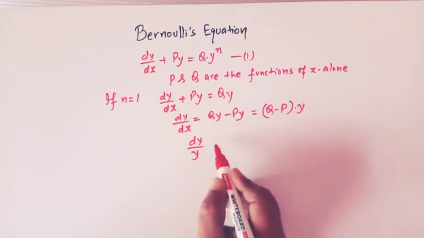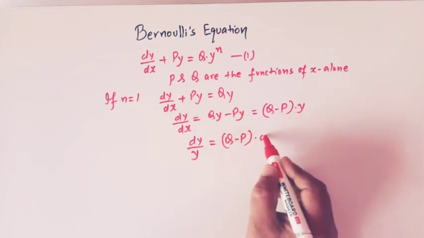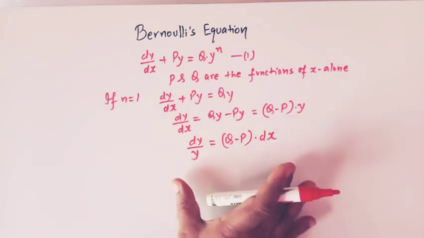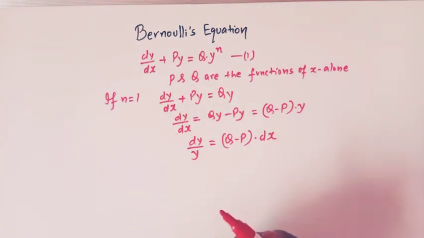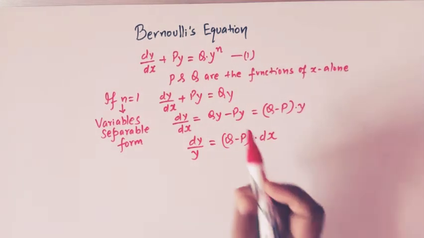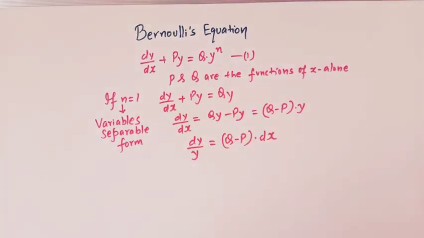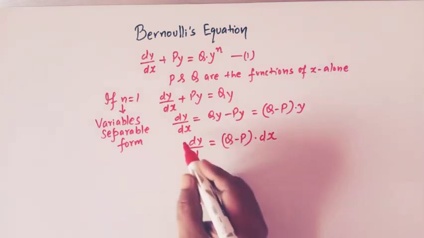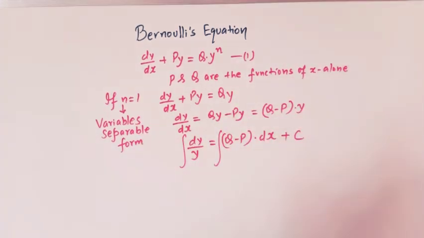This equation can now be written as dy/y = (q - p) dx, and if we integrate both sides, we see that when n is equal to 1 it becomes a variables separable form. So the Bernoulli's equation becomes a variable separable form if n is equal to 1. Now if we integrate both sides, we can find the solution of this differential equation.